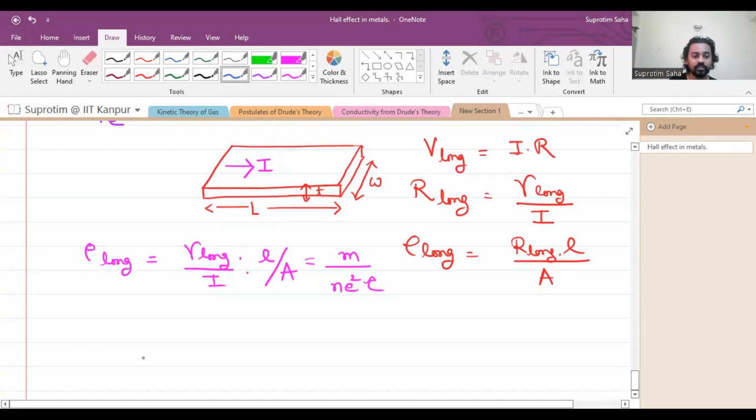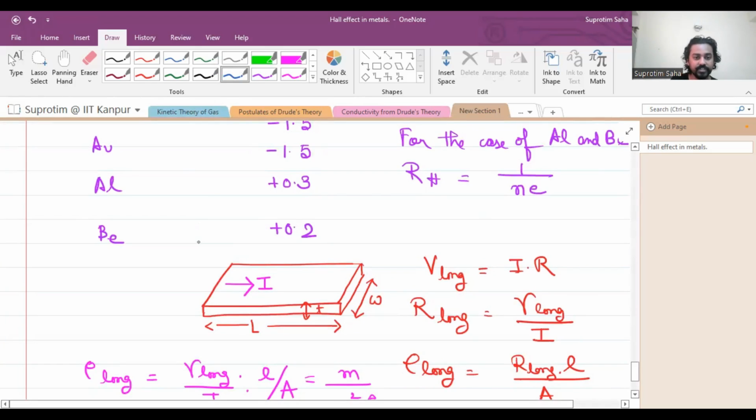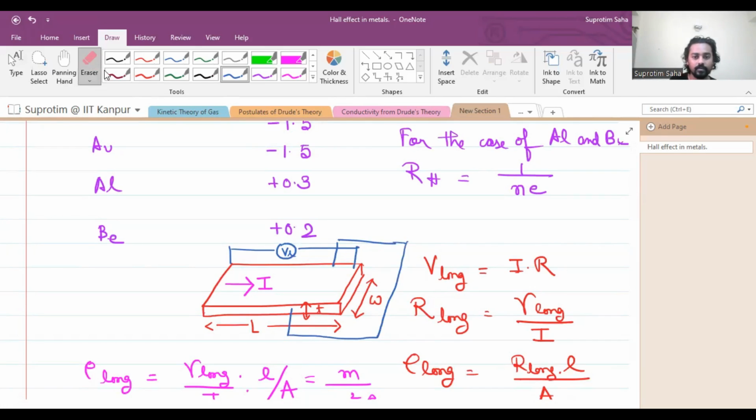Now, for the Hall voltage which you measured, the longitudinal voltage is measured along this direction, but the Hall voltage is measured along the width of the sample.